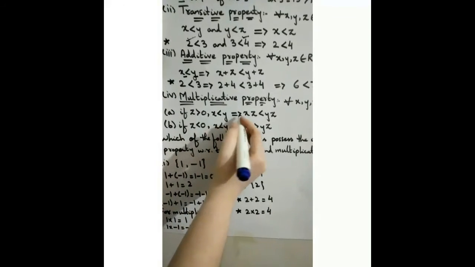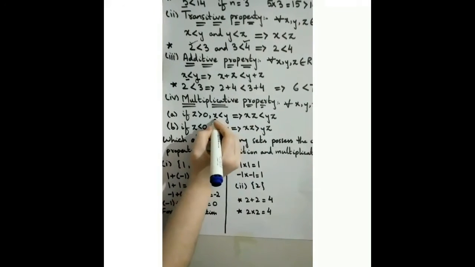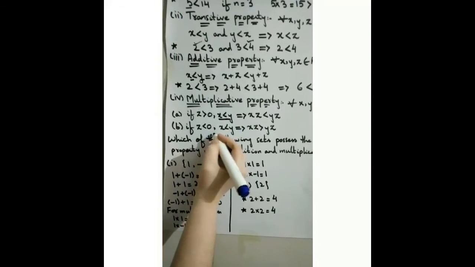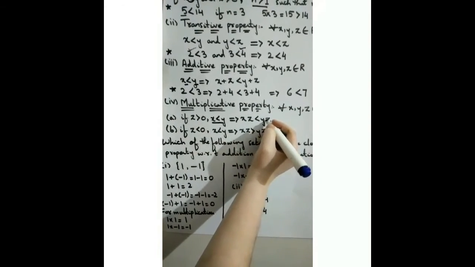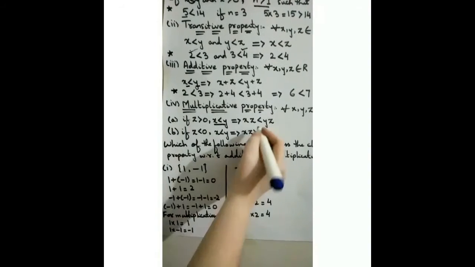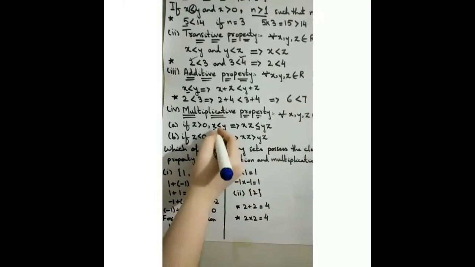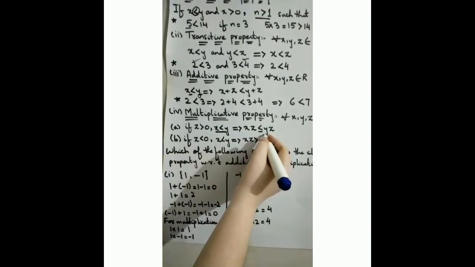Multiplicative property. For all x, y, z belonging to R, part A, if z is greater than 0 and x less than y, it means if I multiply x and y by z, I will get xz less than yz. Multiplication by a positive real number does not change the sign of inequality. Less than sign will remain less than sign.